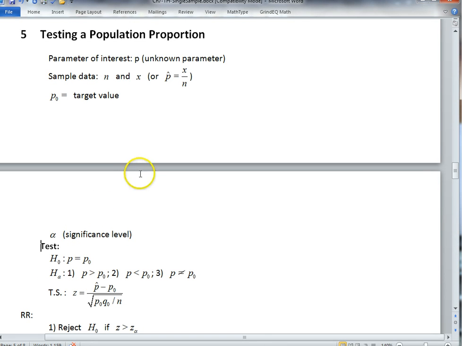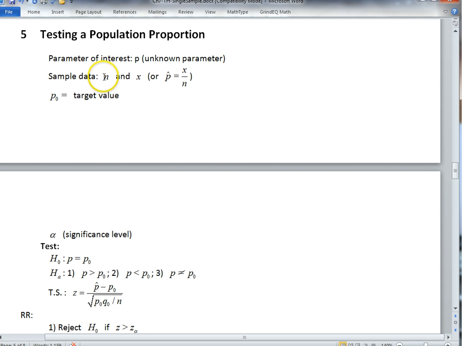Yeah, this video is about testing a population proportion, and in this case we know that we are interested in the parameter P, the probability of success or proportion of successes in an entire population, and usually that's an unknown parameter. So to find out something about it, we collect data.